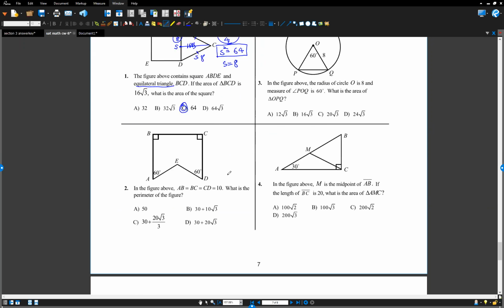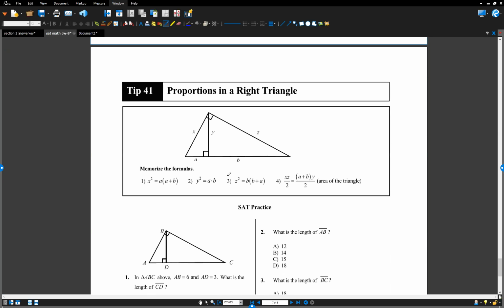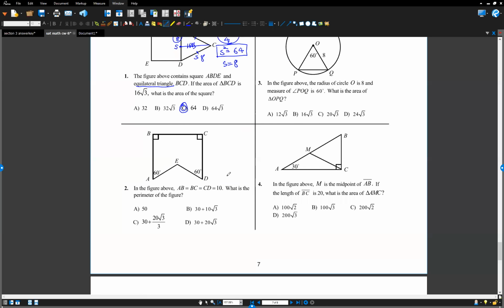Okay, let's write out one more question, number 4, with you. We can finish this proportion right triangle. All right, take a look at number 4 here. M is the midpoint, so these two sides are equal.